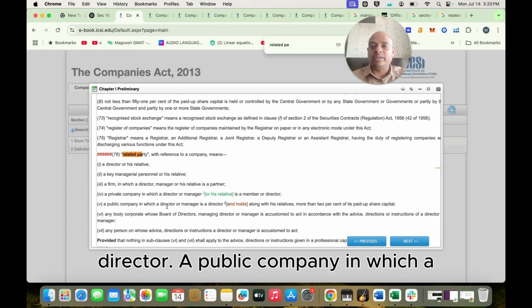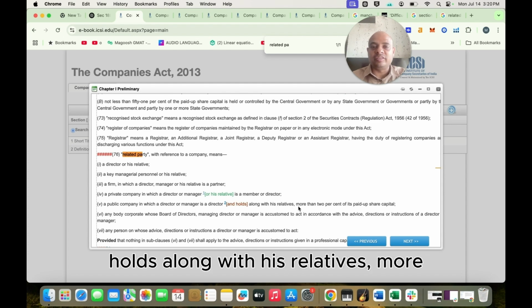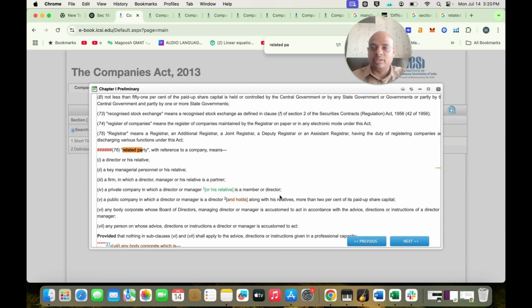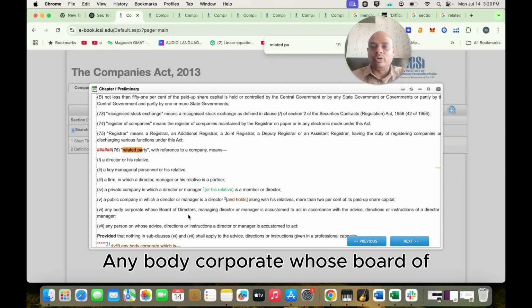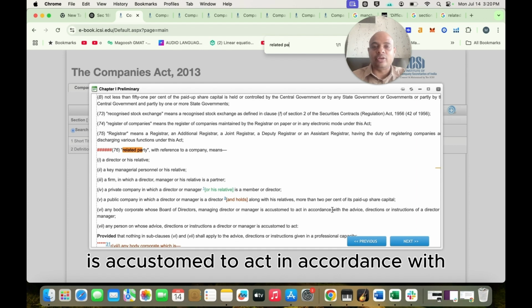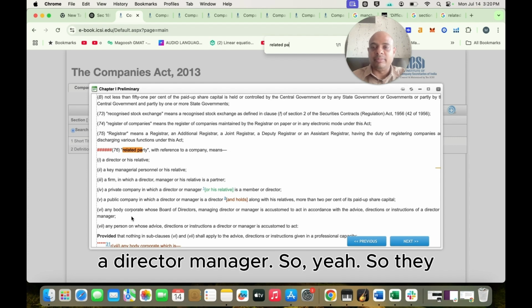A public company in which a director or manager is a director and holds, along with his relatives, more than 2% of its paid up share capital. Any body corporate whose board of directors, managing director or manager is accustomed to act in accordance with the advice, directions or instructions of a director manager.